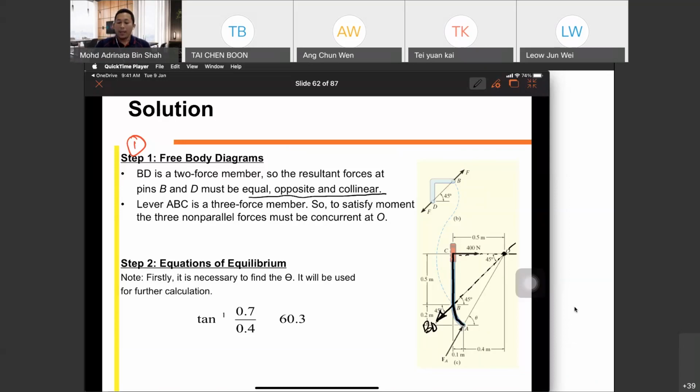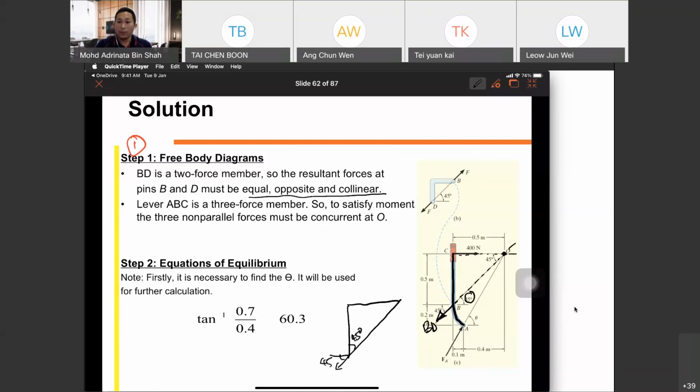Because BD is acting at 45 degree, so this is BD in 45 degree, and this is also 45 degree.